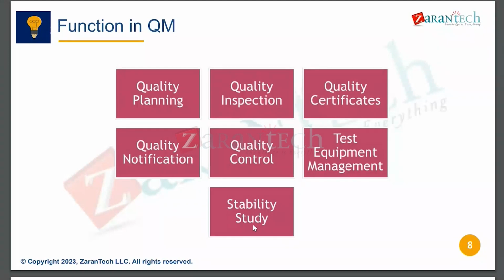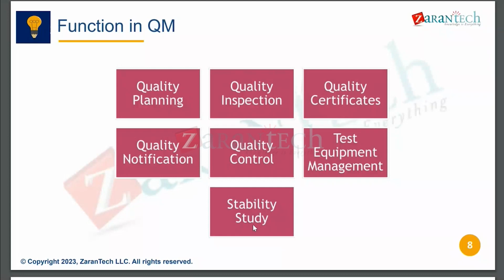Stability study is a completely different topic. Stability studies are majorly used by pharma and food industries, but not by all industries. In discrete manufacturing, we will not use stability studies; it is only in process manufacturing, such as food and FMCG companies, where you need to maintain a shelf life.